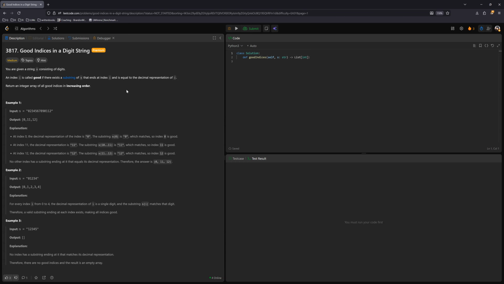It's almost like a try, but backwards. Well, no, because the index location still matters. At index I ends with I.